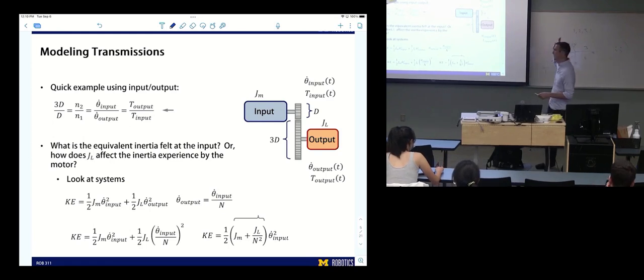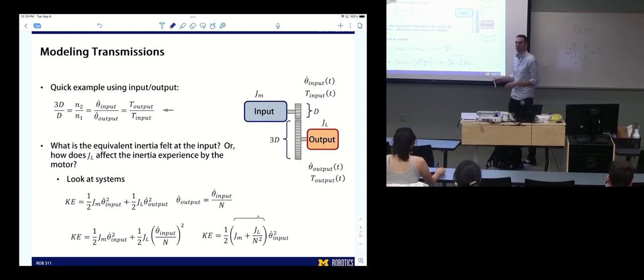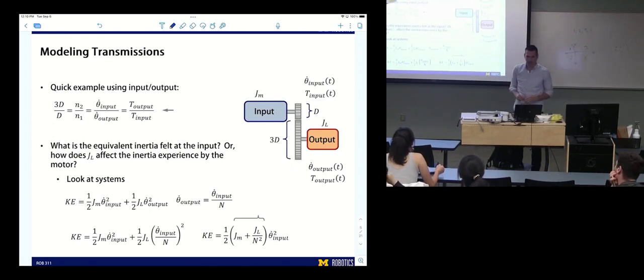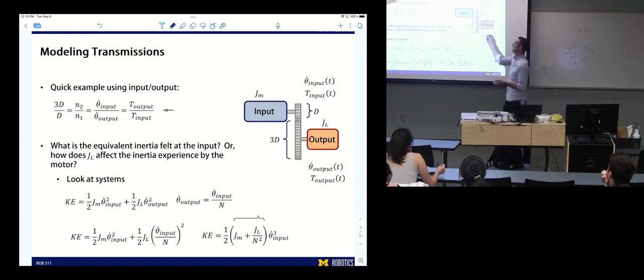So this slide takes all of our conventions of other variables out and just calls them output and input, just to make sure everyone's clear on exactly what's going on. So in this little example here, we have a motor, that's the input, with some inertia Jm, driving a gear train with an output load. This we'll say is diameter d, this is maybe 3d, this is a transmission ratio of 3:1.